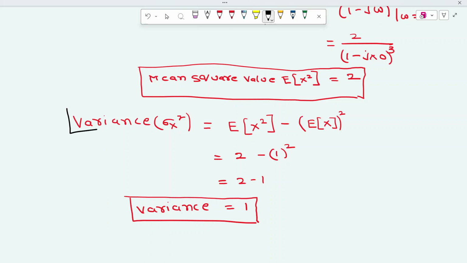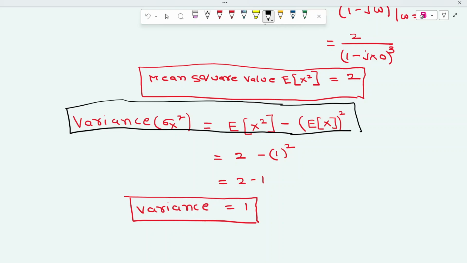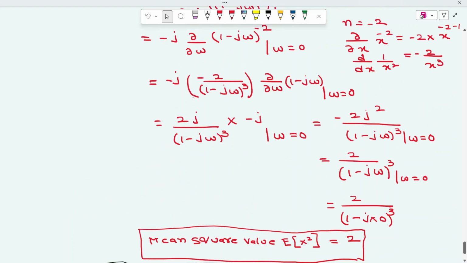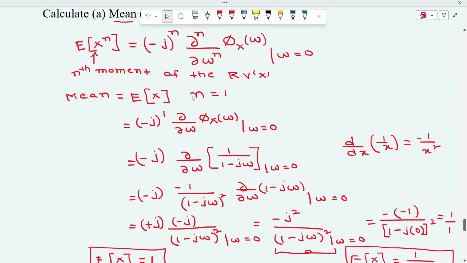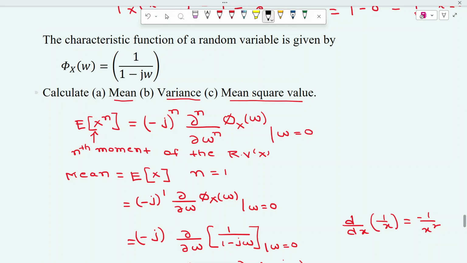Right? So for solving this problem we have to remember this expression: variance of x is expectation of x square minus (expectation of x) whole square. And the other important formula is the nth moment from the characteristic function.